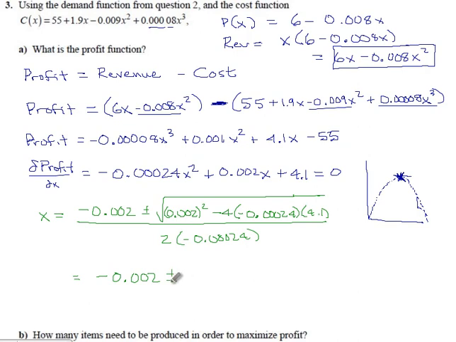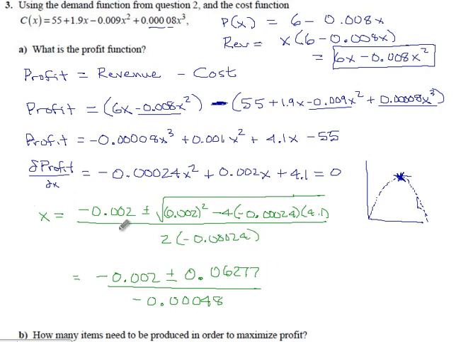In the radicand I have 0.00394, and the square root of that is 0.06277. And that's all over minus 0.00048. I just did 2 times the number in the brackets.